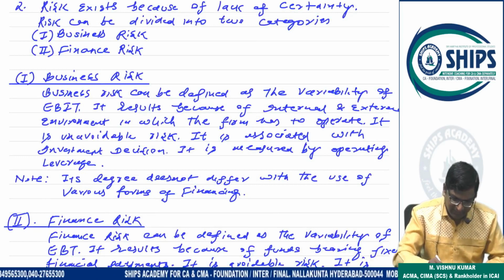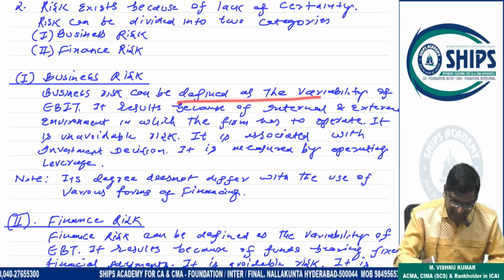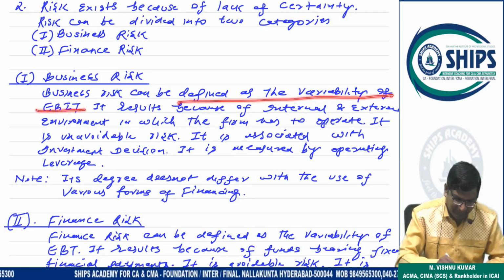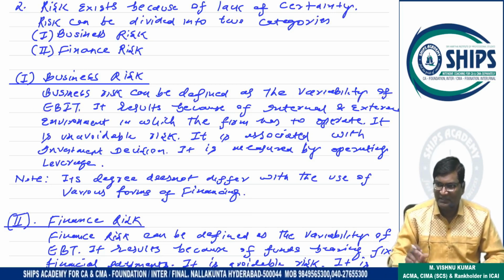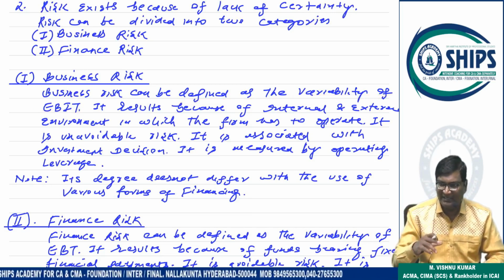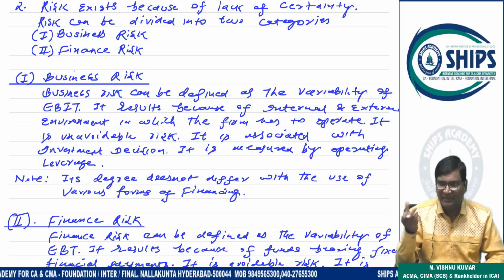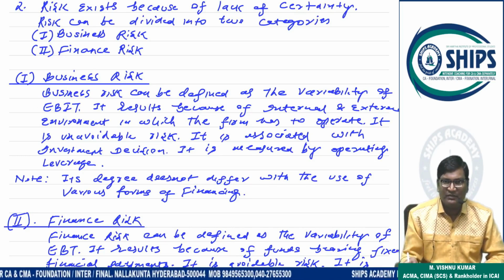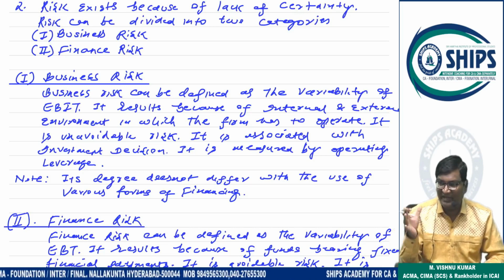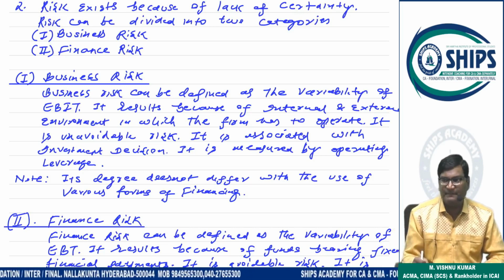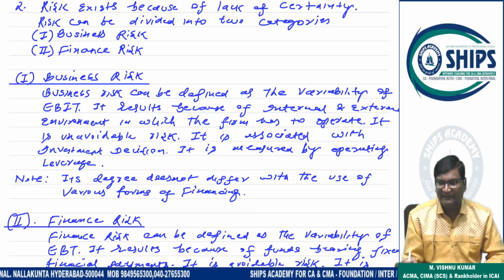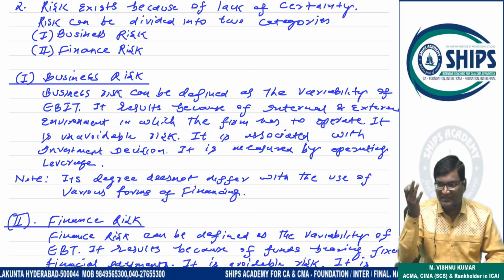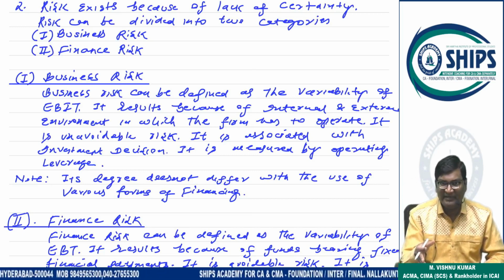Business risk can be defined as variability of EBIT. It means if fixed cost is increasing, decreasing, ultimately what is changing? EBIT. So business risk is nothing but variability in EBIT. Fixed cost increases, EBIT decreases.